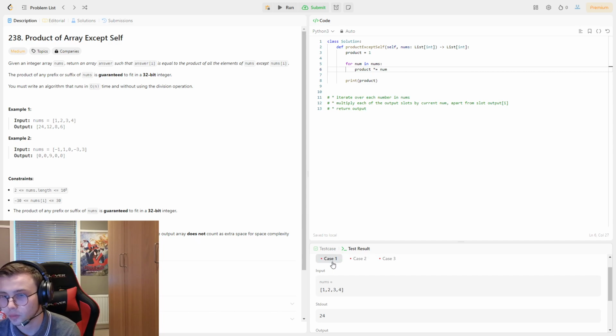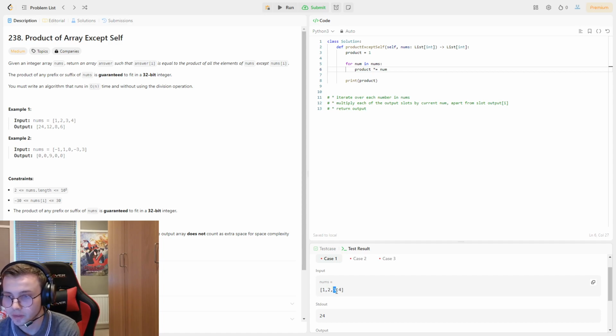Without iterating over it twice, because if you're at index 0, and you want to find out what output 0 should be, you're gonna have to do this times this times this, right? I mean, you could take 1 times 2 times 3 times 4 and then divide it by 1, which would give you 24. Then you could go to here, get the product, which would be 24. Do 24 divided by 2, 12, which is right, because 1 times 3 times 4 is 12.